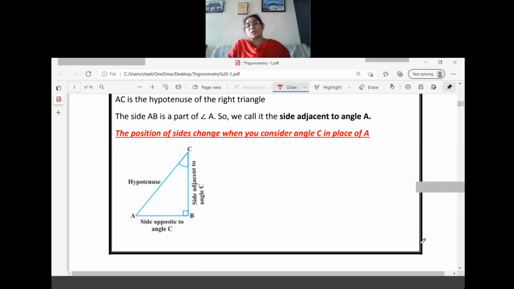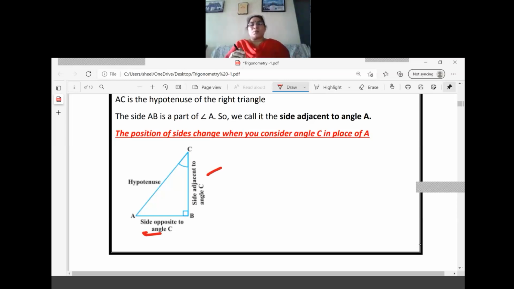Why? Because the side opposite to angle B, that is 90 degrees, is called the hypotenuse. But with respect to C, the opposite side now is AB, the side opposite to C. Now, the side close to C is CB or BC, so that is called the adjacent side.